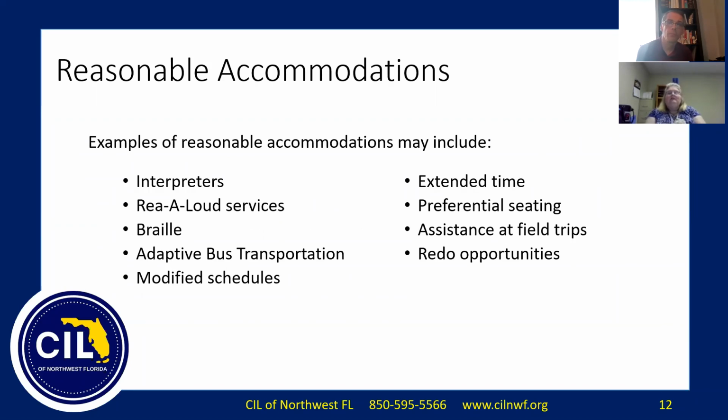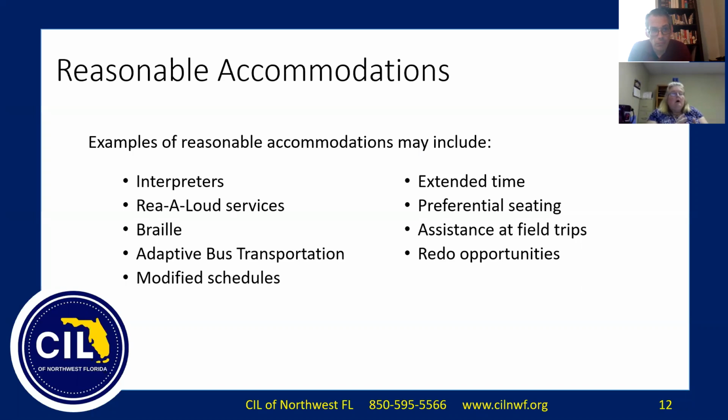Reasonable accommodations that may be given under the Act. These are some examples, and again, it's not all inclusive. Interpreters may be provided for someone that is deaf or hard of hearing. Read aloud services may be offered.